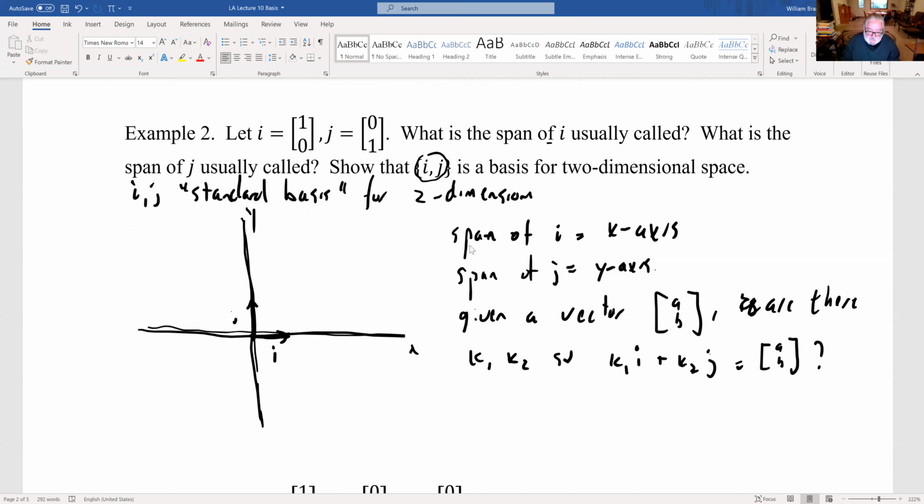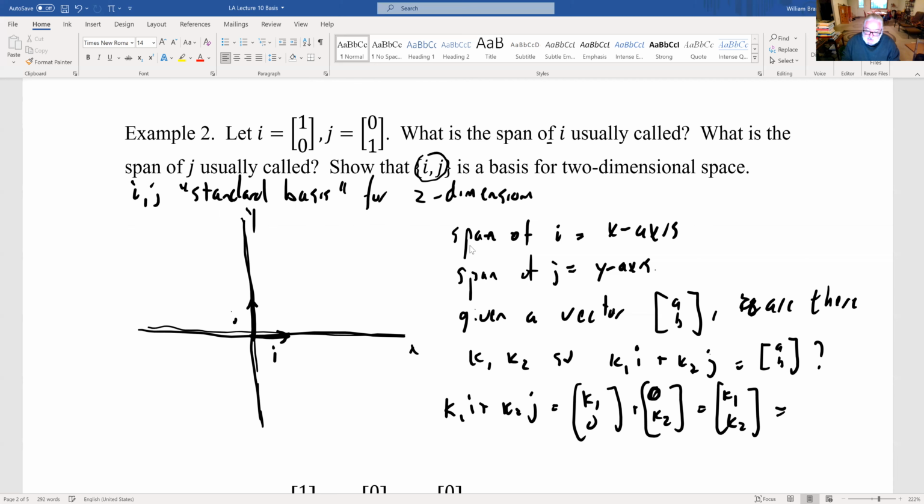And the answer is, well, yeah, of course, right? k1 i plus k2 j is (k1, 0) plus (0, k2). If I add those together and I need that to be equal to (a, b), then we just set a equal to k1, the x coordinate, and b equal to k2.